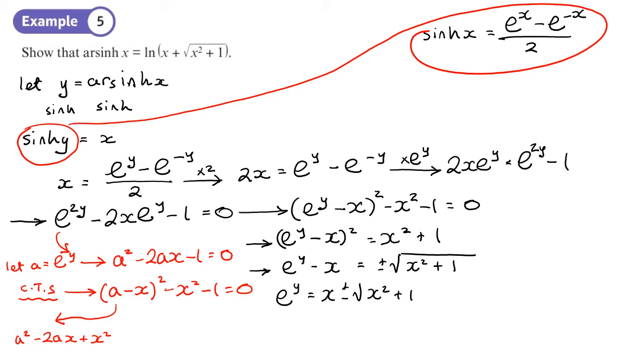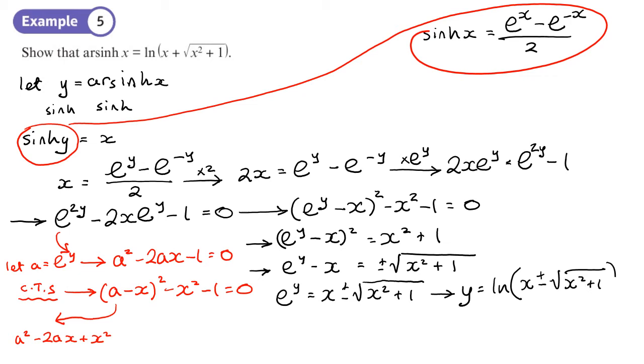So if I want to find out what y is, then I would do log of both sides. So y equals the log of x plus or minus square root of x squared plus 1.